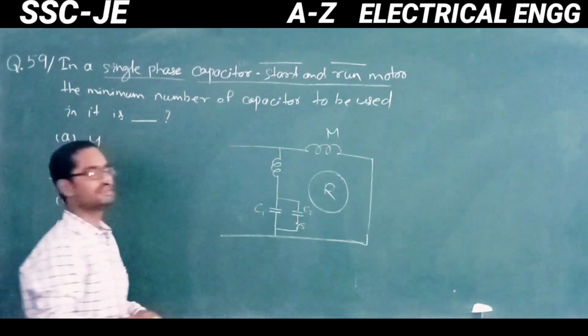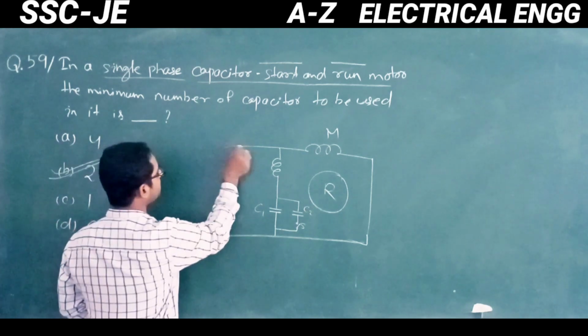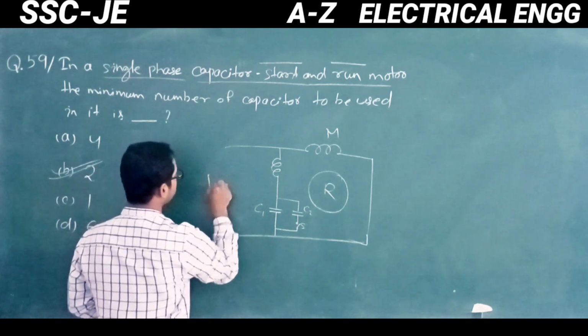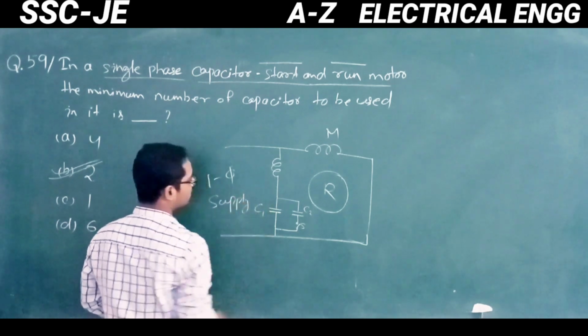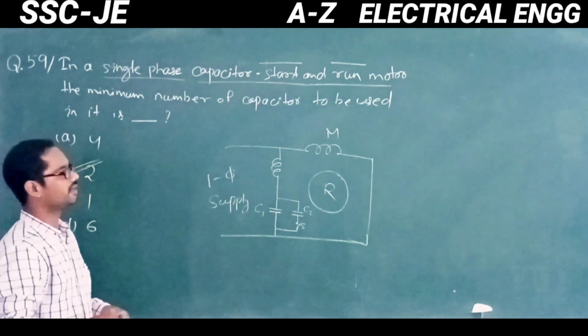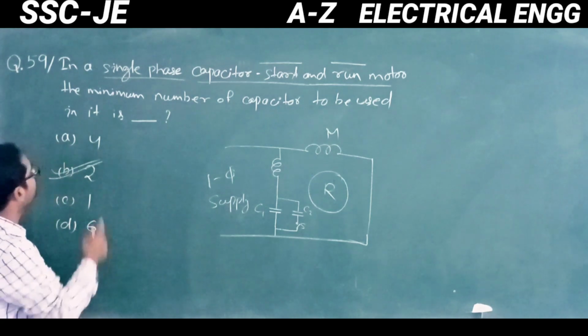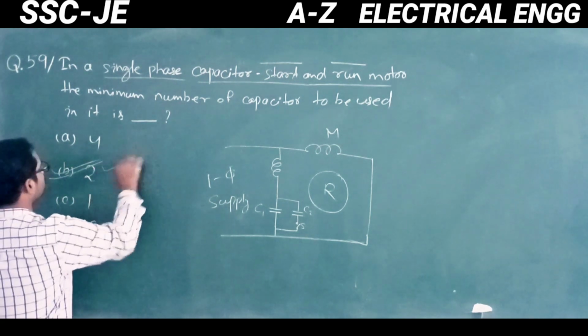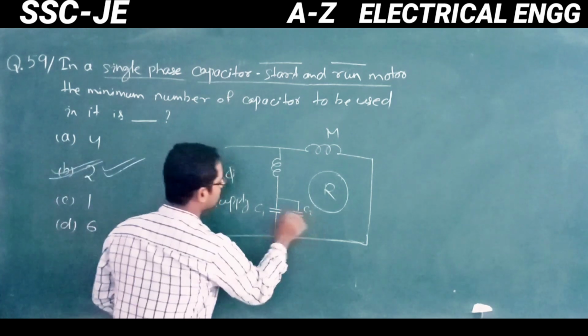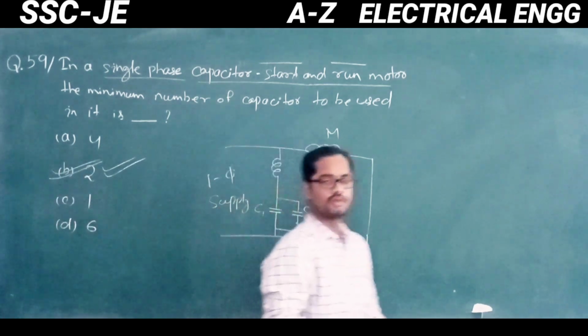Okay. So this is the diagram of the capacitor start and capacitor run motor. This is your single phase supply. So with the diagram you can better understand and remember the answer. So for the single phase capacitor start and run motor, the requirement is 2 capacitors. These are the 2 capacitors C1 and C2. So moving to the next question.